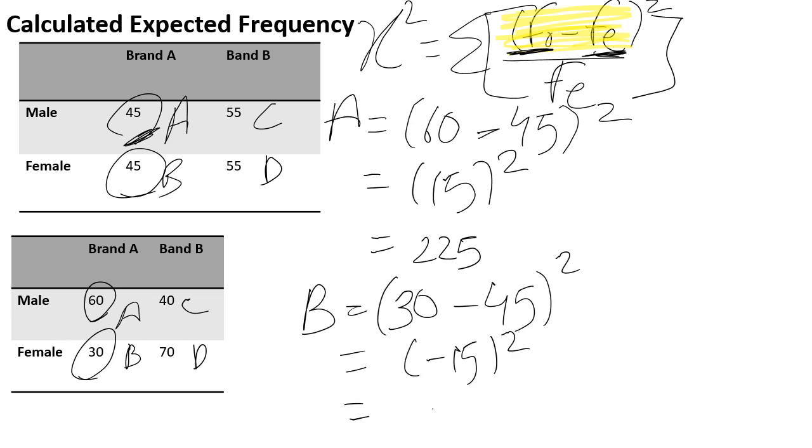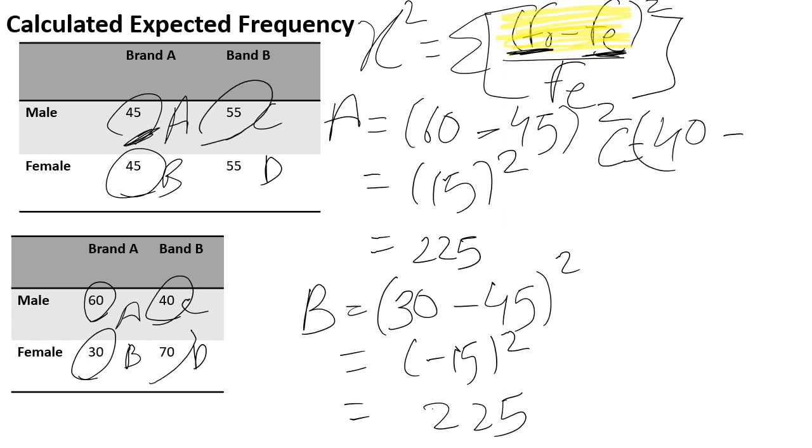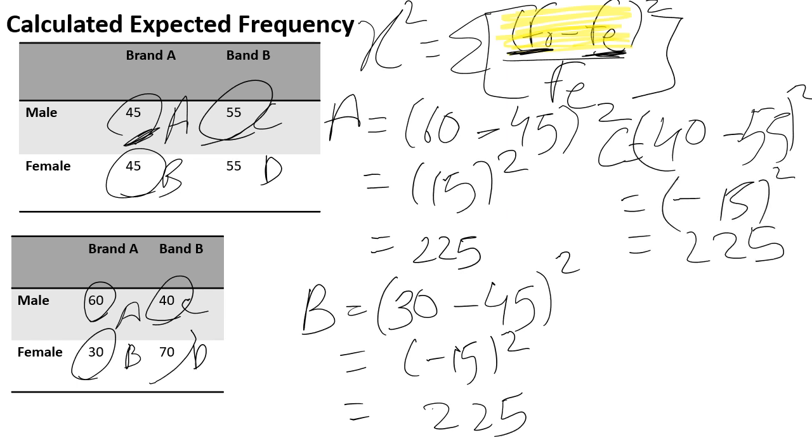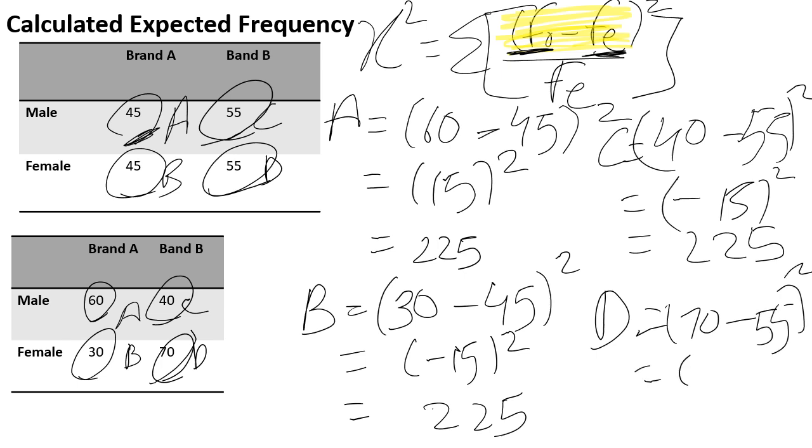Minus into minus plus, so 225. C is 40, observed frequency minus expected frequency gives me minus 15 the whole square, minus into minus plus, so we got 225. For D, it is 70, observed frequency. Expected frequency is 55, 15 the whole square, 225.